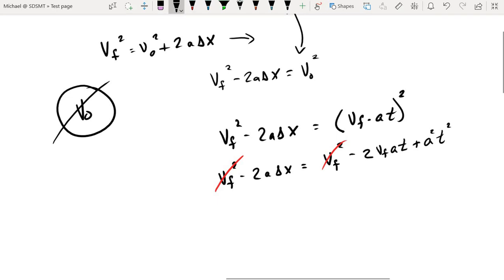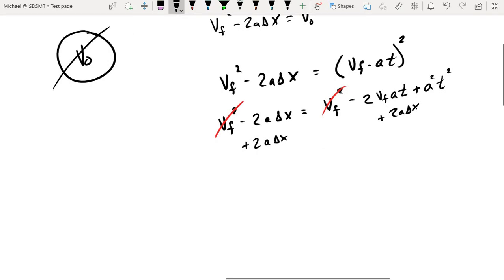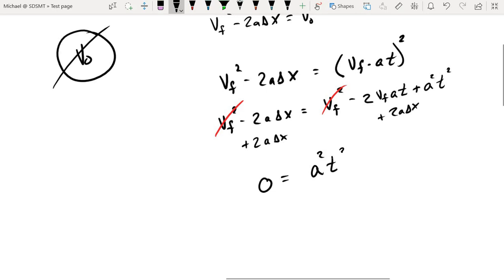If I move everything to one side of the equality, so I'll take the 2a delta x, add that over, what do we have? 0 equals a squared t squared minus 2v final at plus 2a delta x.